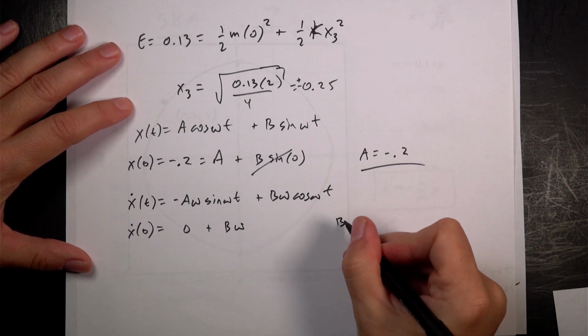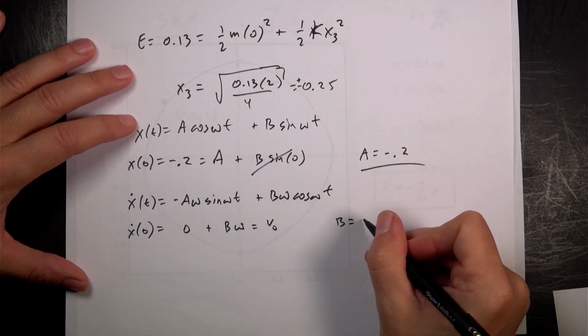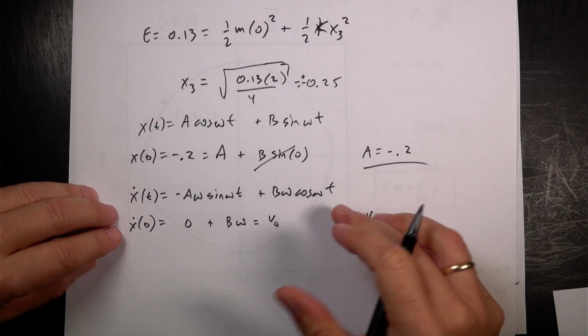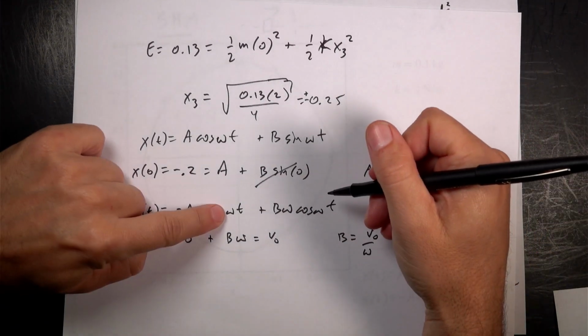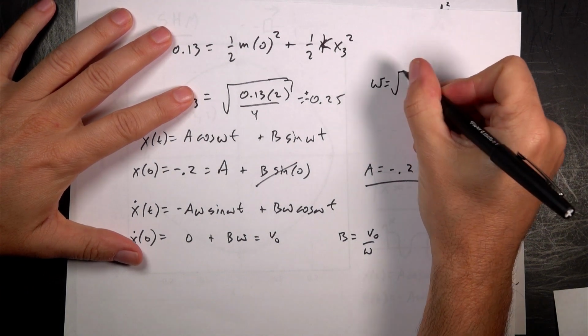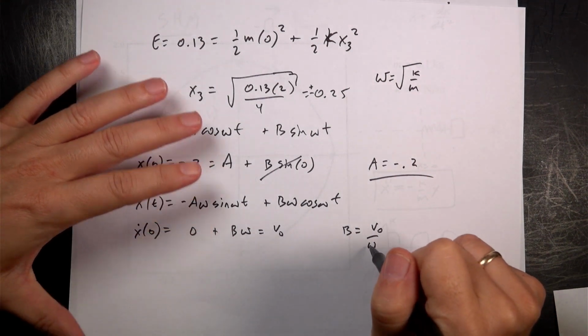This is equal to v0, so b is equal to v0 over omega. Did I say what omega was? Well, this is a solution to the differential equation only if omega is the square root of k over m. So I need to find omega, b, and a.